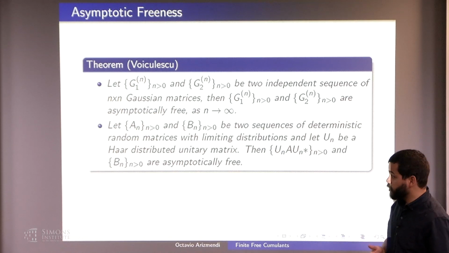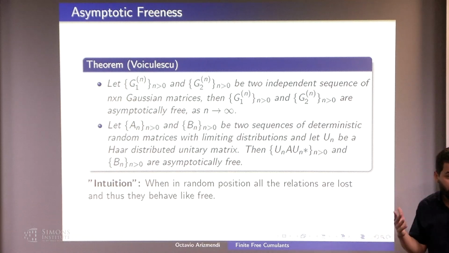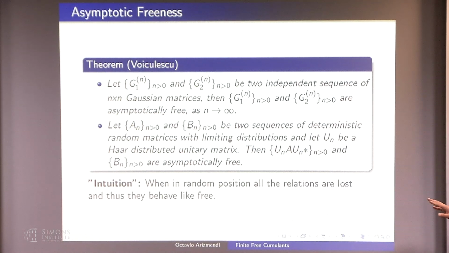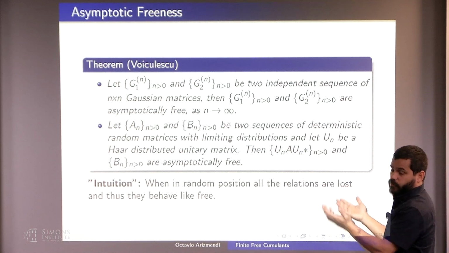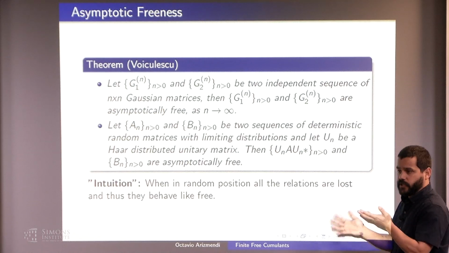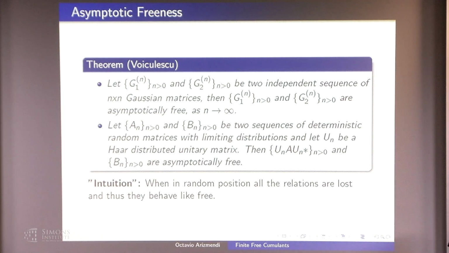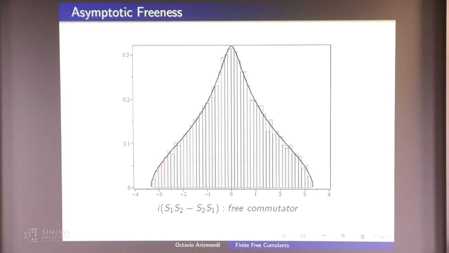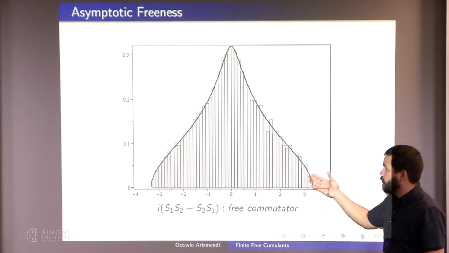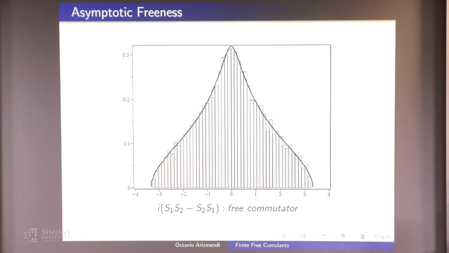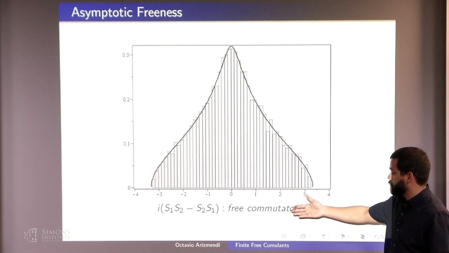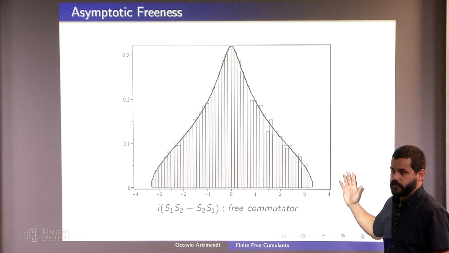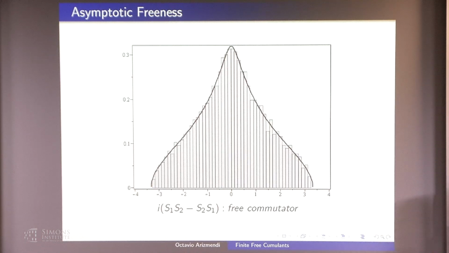The intuition is that when n is large and the matrices are in random position, I lose any relation. And this has been used to predict the shape of the spectrum of matrices, which we can translate to calculations in free probability, for example, the anticommutator.